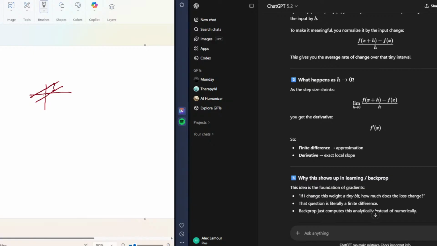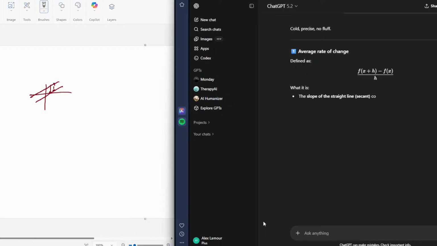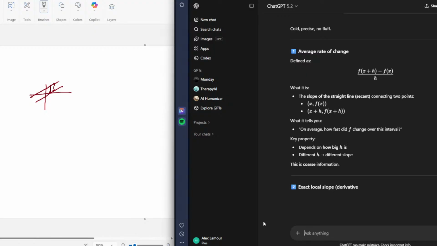Because this is here, and then here, let's see, what is the difference between average rate of change and the exact local slope? The slope of a straight line connecting 2 points.